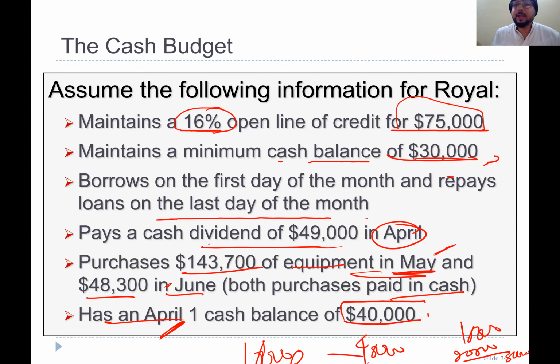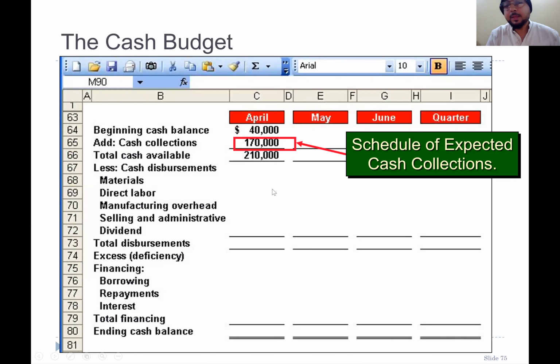So you start from a cash balance of 40,000. Cash collection in April goes right after sales: we make cash collection against sales of $170,000, right? So total cash available, total cash inflow, is going to be 210,000.